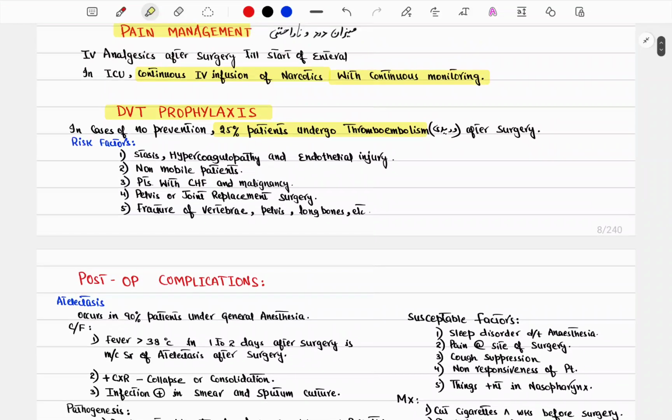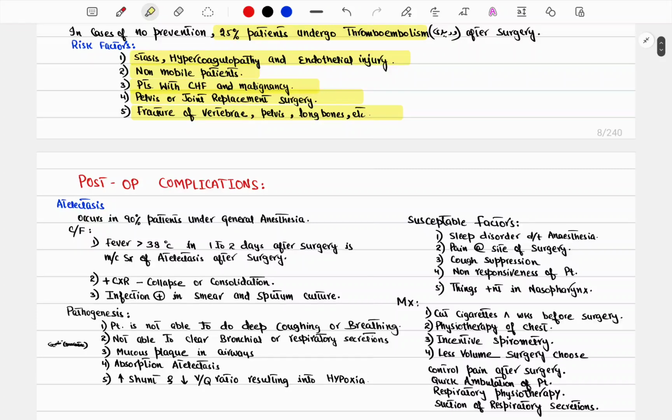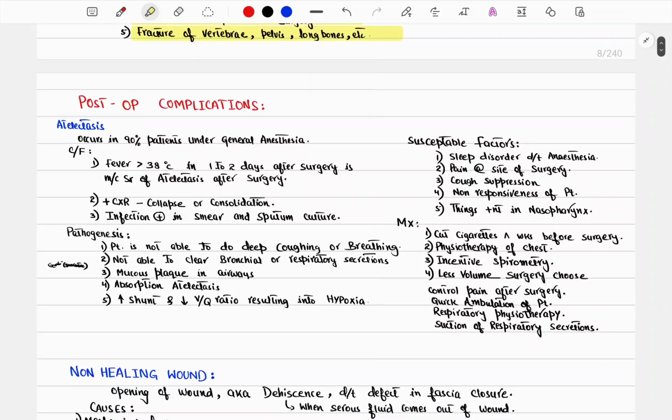Risk factors are obviously that the patient doesn't move. Also there is hypercoagulopathy, suppression of the fibrinolytic system, and also endothelial injury. Non-mobile patients with congestive heart failure and malignancy, pelvis or joint replacement surgery, fracture of vertebrae, pelvis or long bones, because these predispose patients to non-mobility.